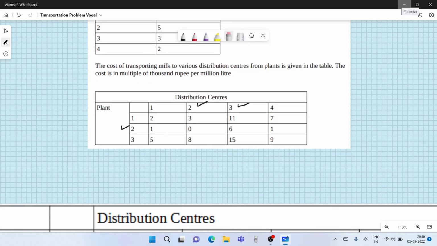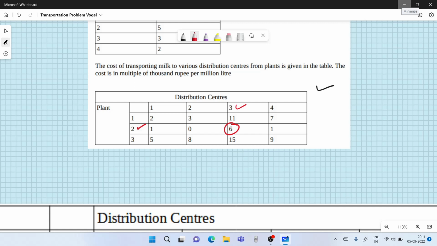The cost of transporting milk is given in this table. So how is this table understood? Supposing we want to transport milk from plant 2 to distribution center number 3, it's going to cost me 6,000 rupees per million liters.